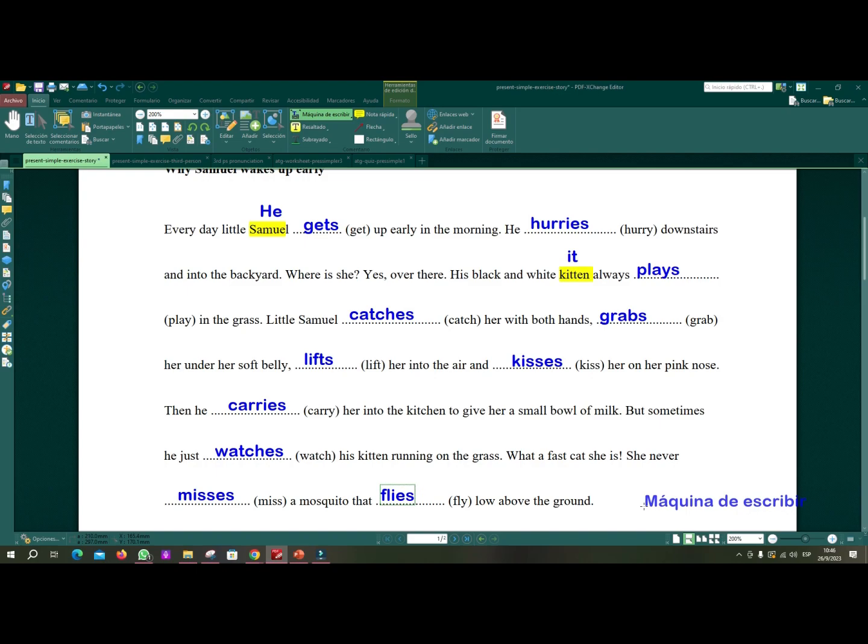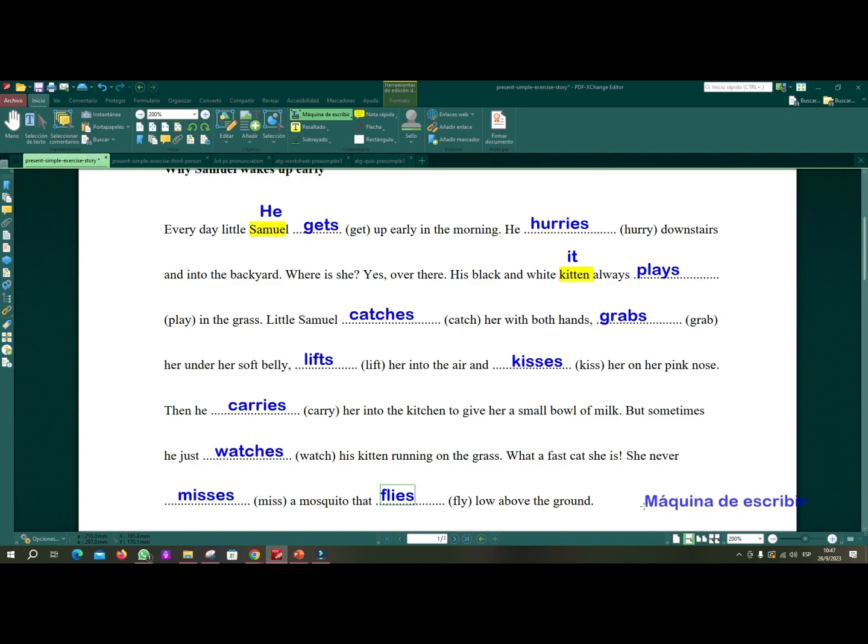Then he carries her into the kitchen to give her a small bowl of milk. But sometimes he just watches his kitten running on the grass. What a fast cat she is. She never misses a mosquito that flies above the ground. Right? So there you have.